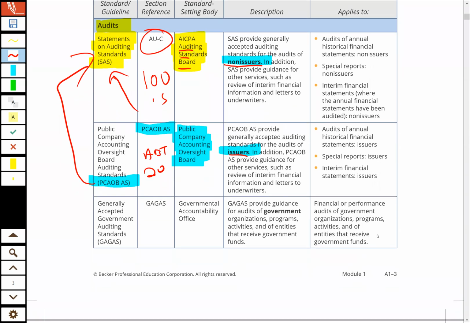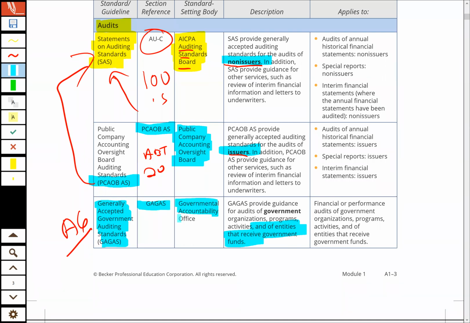Okay, good. Now, when we get into, and I want to say it's Audit 6, we'll start talking about what happens if you're auditing an entity that receives federal financial assistance. State and local governments receive federal financial assistance, and not-for-profits receive federal financial assistance. If that's the case, you have to follow generally accepted government auditing standards, abbreviated GAGAS.